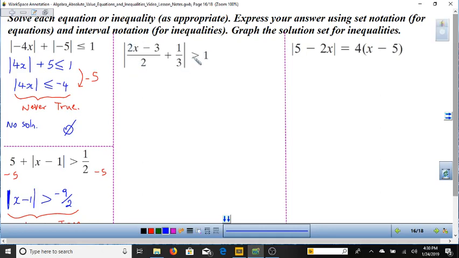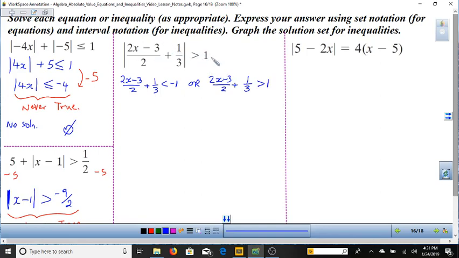So what we're saying is that 2x minus 3 over 2 plus 1/3 is further away from 0 than 1 unit, which means it is to the left of -1 or it is to the right of +1, because numbers to the left of -1 and numbers to the right of +1 are more than 1 unit away. They have absolute values that are greater than 1.